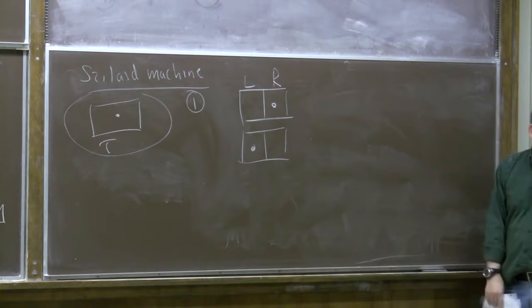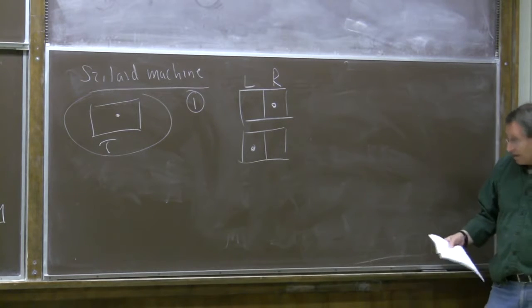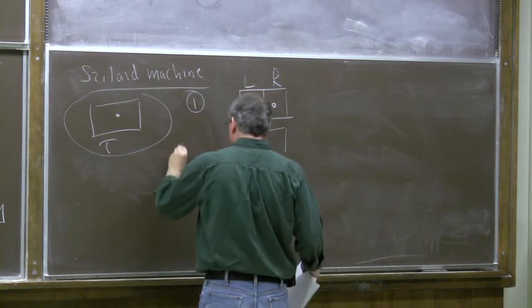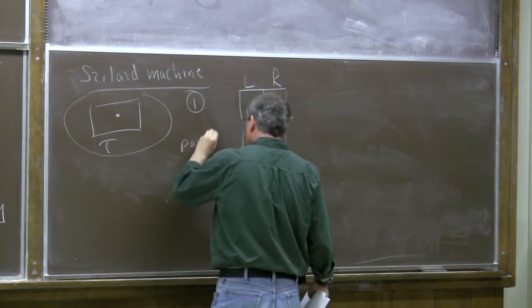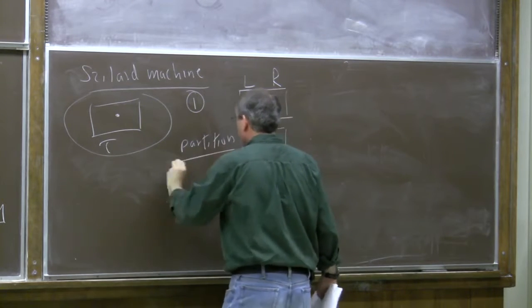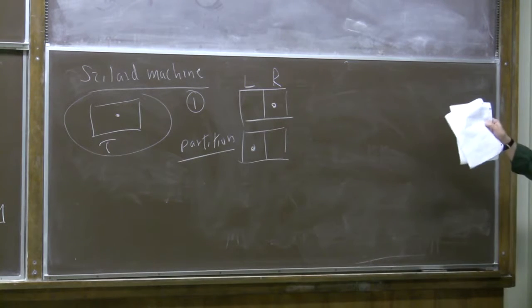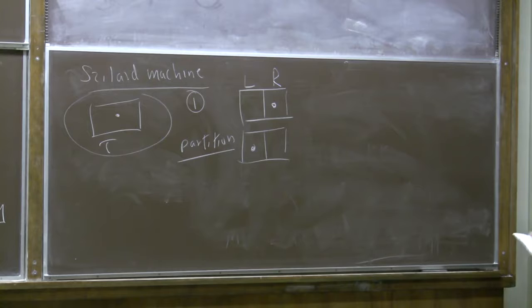But we'll catch it on one side or the other. Okay? That's the first step. We partition these 2 parts. But we haven't at this stage observed whether we caught the particle on the right side or the left side.